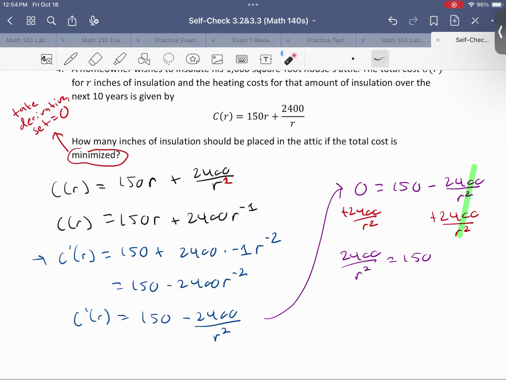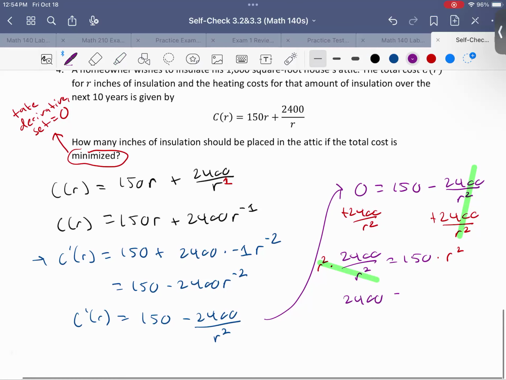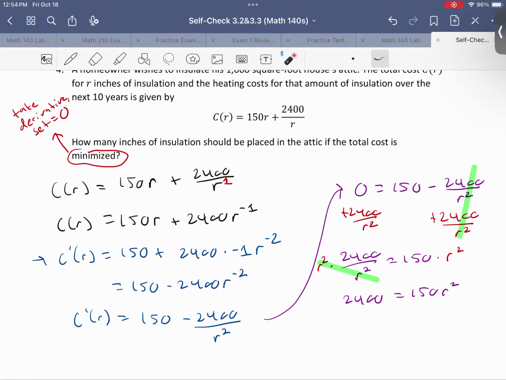So I have this R squared on the bottom. I want to get it up to the top. So what I'm going to do is just multiply R squared to both sides. So these guys cancel out. What I'm left with is 2,400 equals 150 R squared. Okay, I still want to get R by itself.